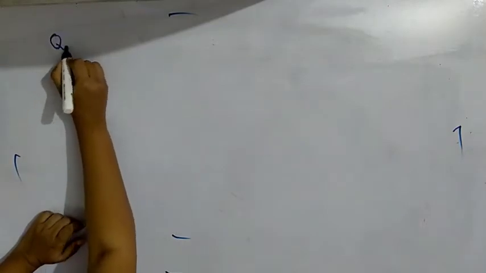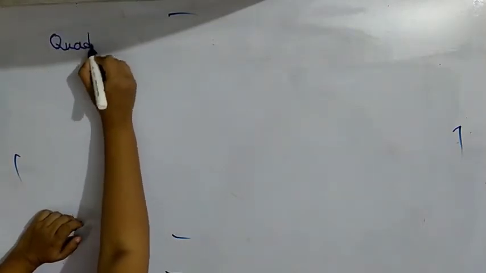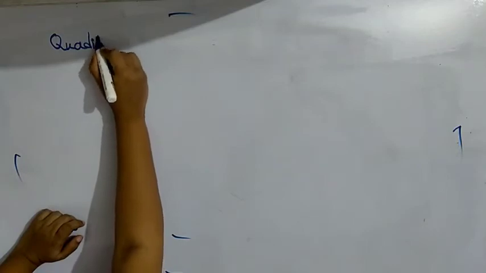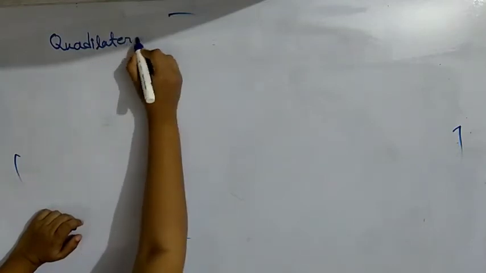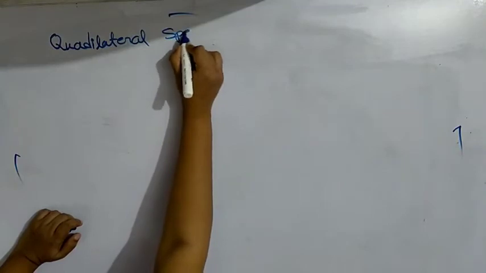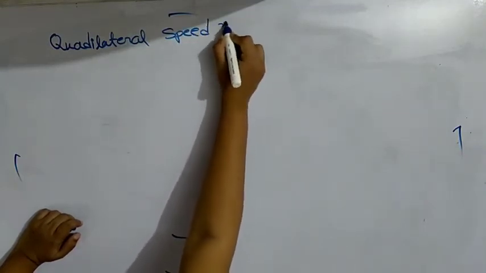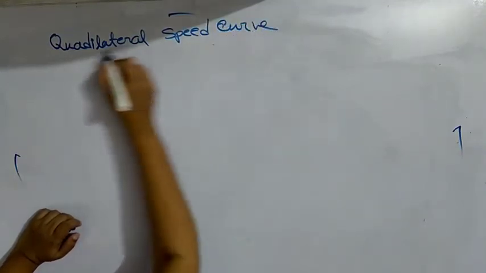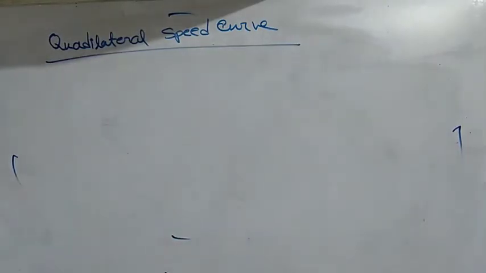In the previous video, I have discussed about the trapezoidal speed curve. In this video, I will discuss about the quadrilateral speed curve. So first, I draw the quadrilateral curve.